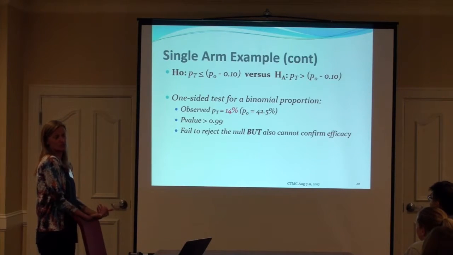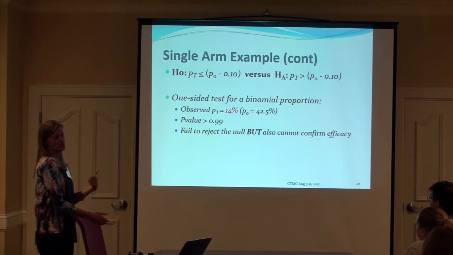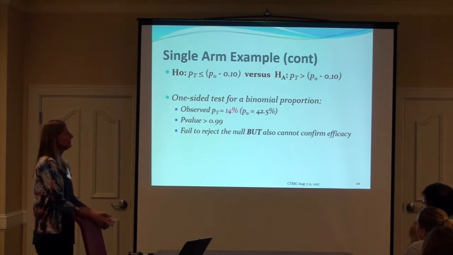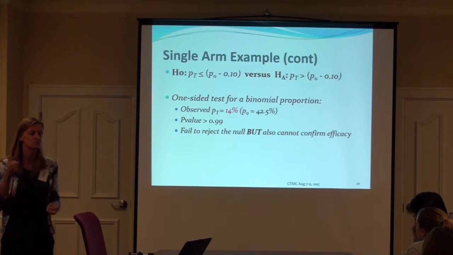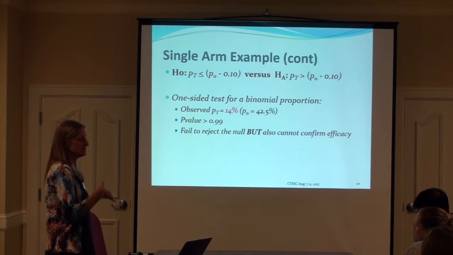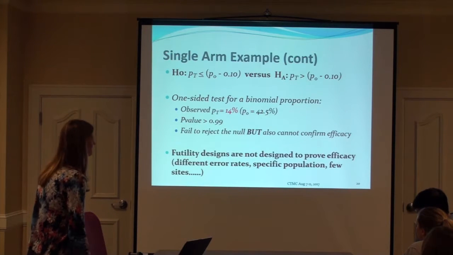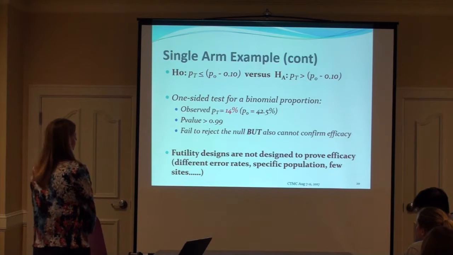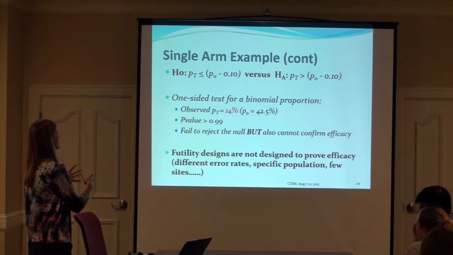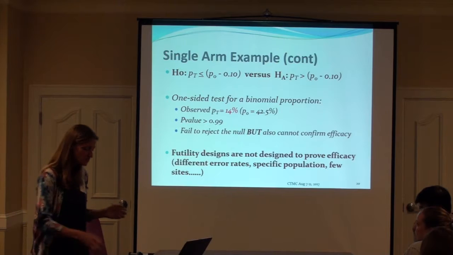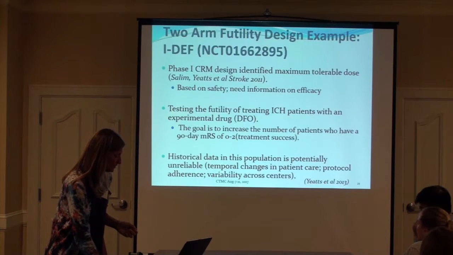And this is a single arm study, so there could be a lot of different things going on. You just have to be careful that people don't fall into the trap of saying, oh, we've confirmed efficacy because we have this great effect size that we saw. So that would be one example of a single arm futility.